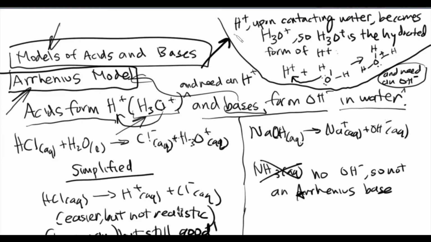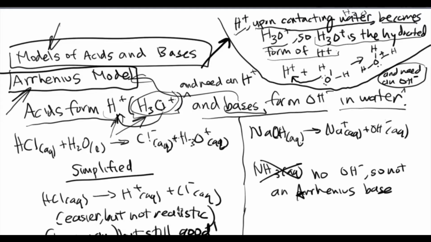H+, upon contacting water, so water is H2O, becomes H3O+, so H3O+ is a hydrated form of H+. So anytime you see H+, it actually means H3O+, because since H+ is in water, it will automatically be hydrated by the water around it to form hydronium, H3O+.